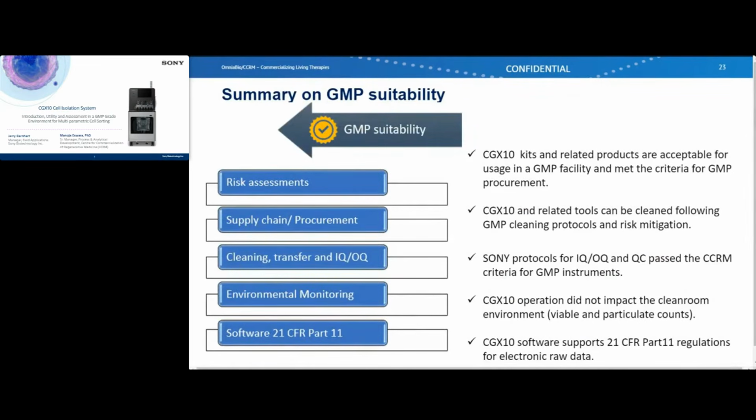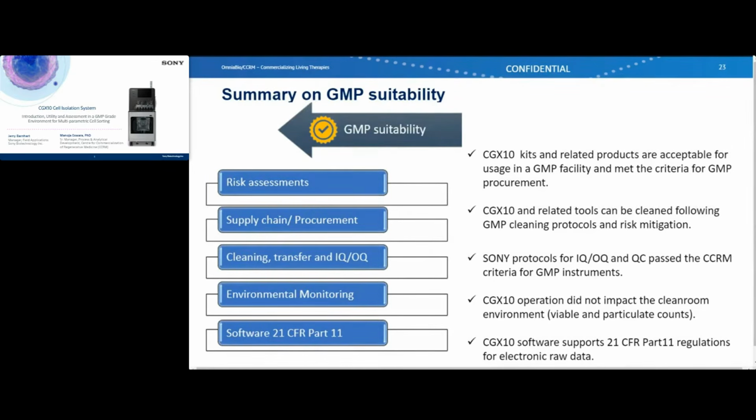To summarize this section of GMP suitability assessment of CGX10, we have identified that CGX10 kits and related products are acceptable for usage in a GMP facility and meet the criteria for GMP procurement. CGX10 and related tools can be cleaned following GMP cleaning protocols and with risk mitigation.